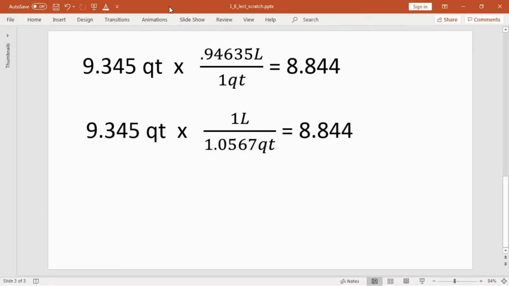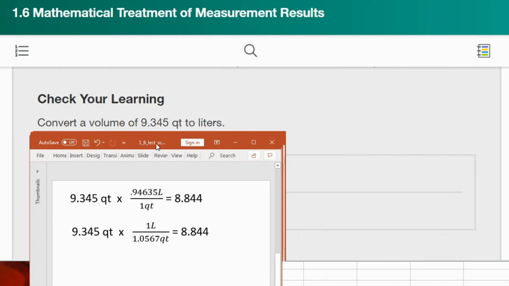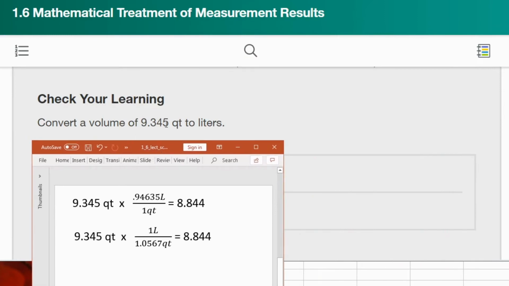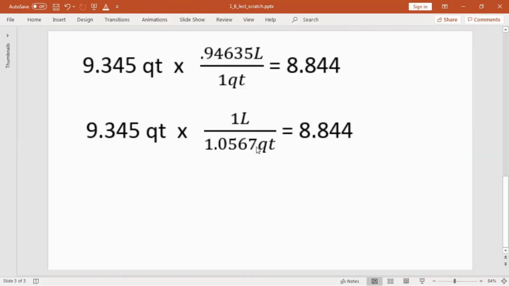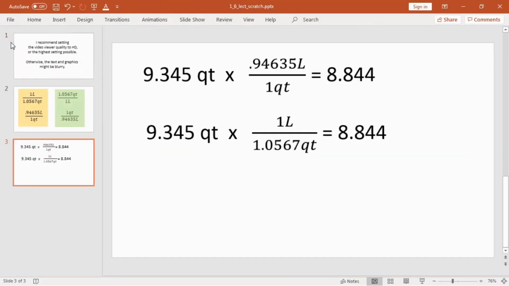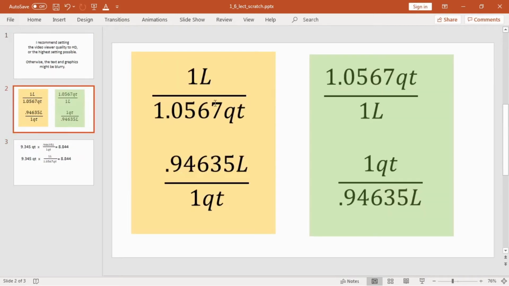So let me explain what we're trying to do. We're trying to convert a volume of 9.345 quarts to liters, and there's two ways to do it. You saw earlier that we had these conversion factors. If we're going to convert from quarts to liters, we want the conversion factor that has quarts in the denominator. I pointed out earlier that you can construct the conversion factor two ways.